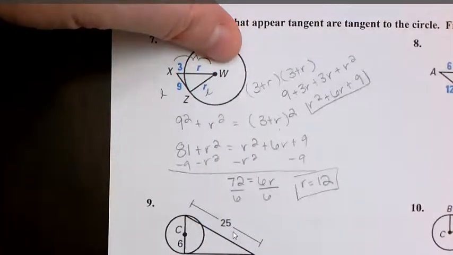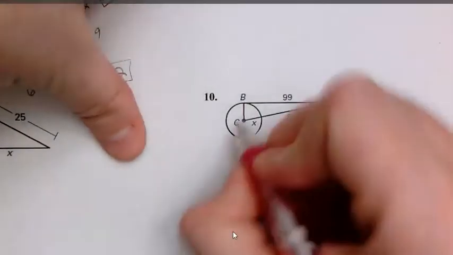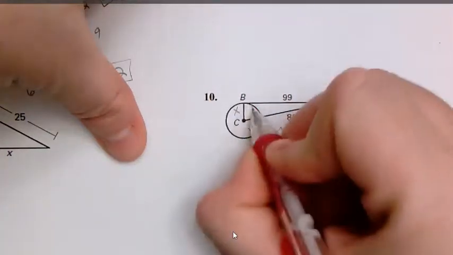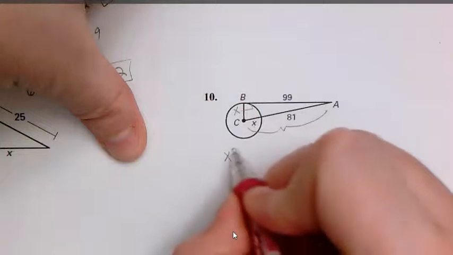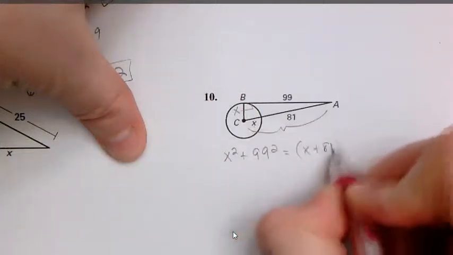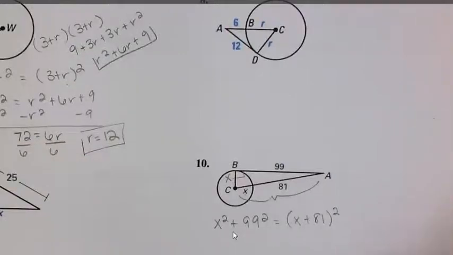Let's go to number 10. This radius is x, so this is x. This is my whole hypotenuse. This is my tangent. So x squared plus 99 squared equals the quantity of x plus 81 squared. 99 squared is 9801.